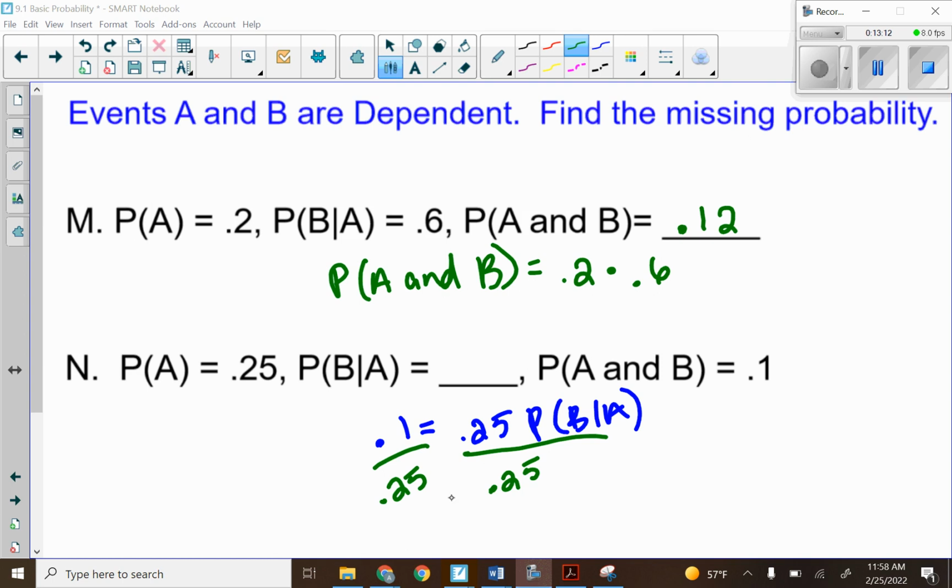When you put that into a calculator, we get 0.4. So that is our multiplication rule with probability.